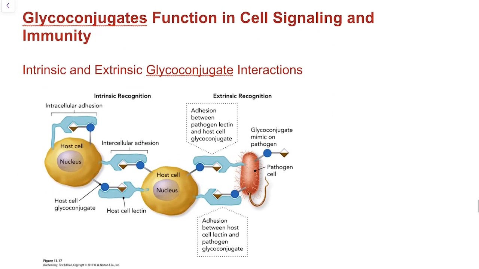The glycoconjugates, how they function in cell signaling and immunity, we're going to take a look at a few examples of how these are important and why. They can have what we call intrinsic or extrinsic interactions. The intrinsic interaction and recognition events happen between identical proteins or cells from the host.